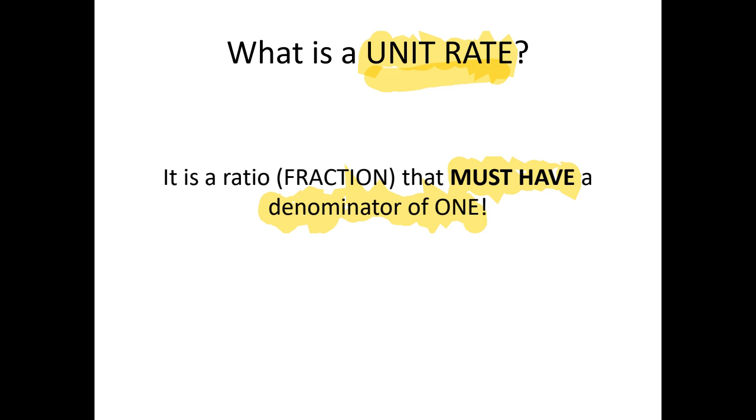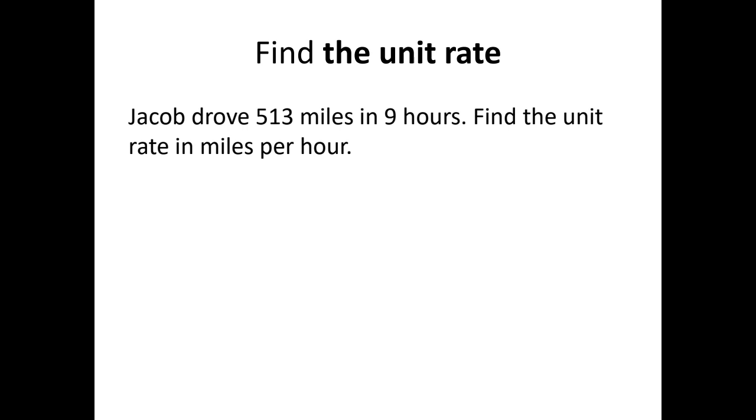Okay, now here's what I mean. Unit rate, like any ratio, has a preposition. Now, when I read the first sentence, I'm going to highlight the preposition. It says, Jacob drove 513 miles in 9 hours.